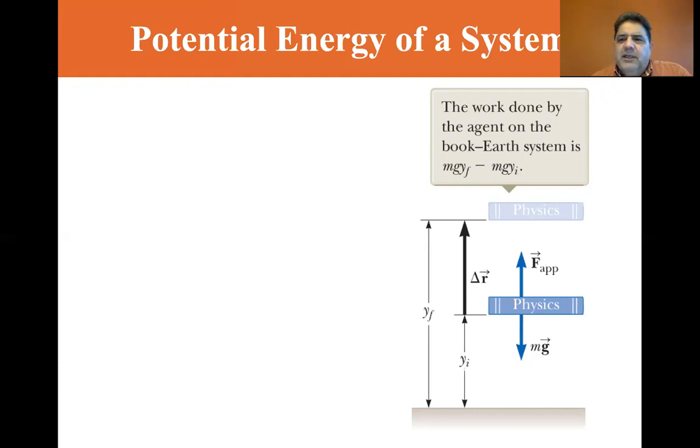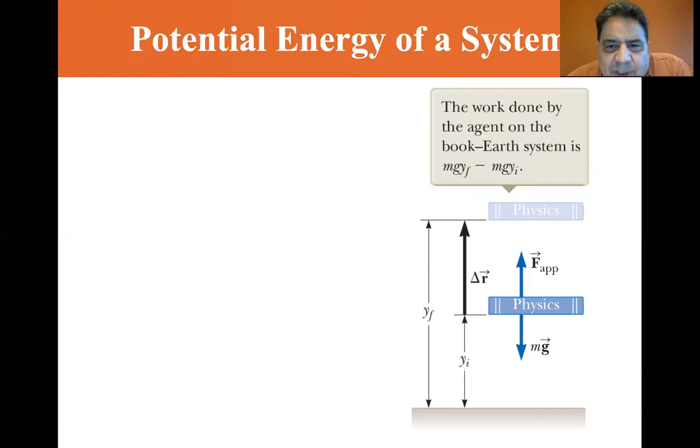So let's look at this image here of a physics book being raised. The work done by the agent on the book-Earth system is mg y final minus mg y initial.